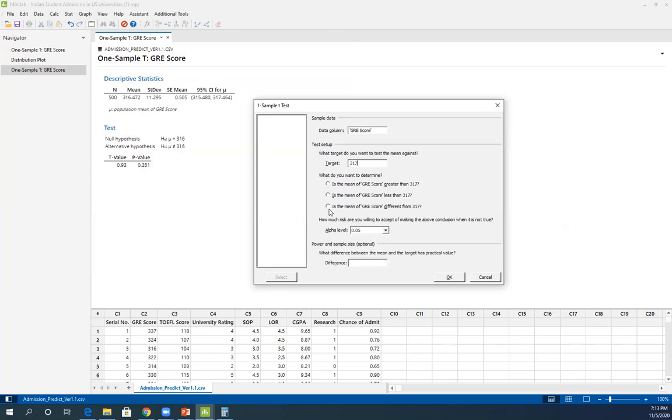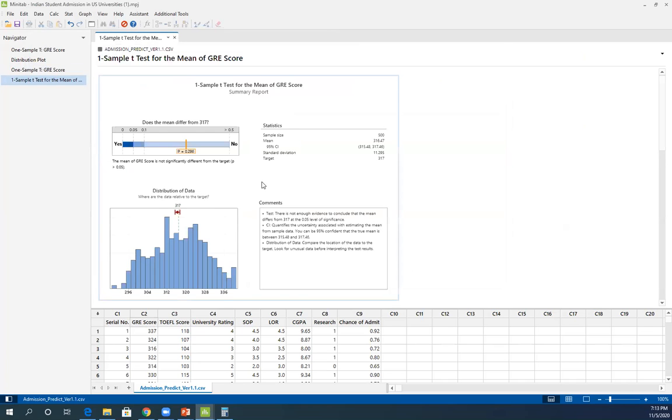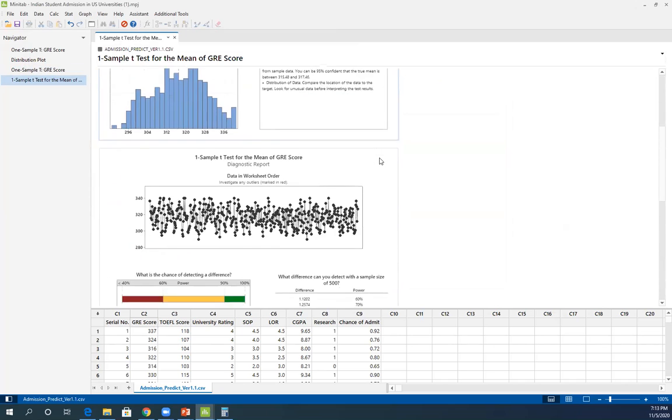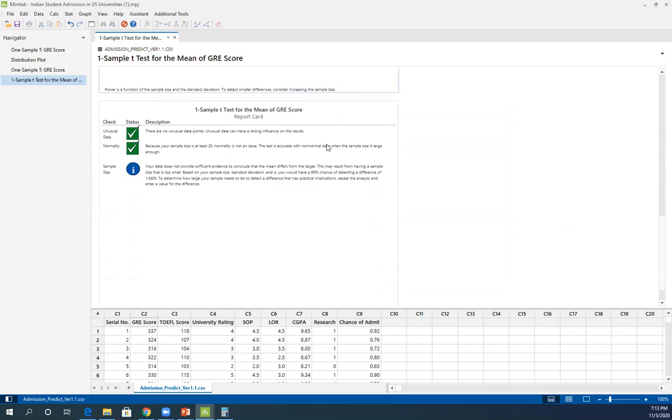The mean of GRE score differs from 300, so this is not equal to, less than and greater than, and this is okay. And here you can see the sample size, 95% confidence interval, 315 to this, and the standard deviation, target is 317. Look into all these numbers.